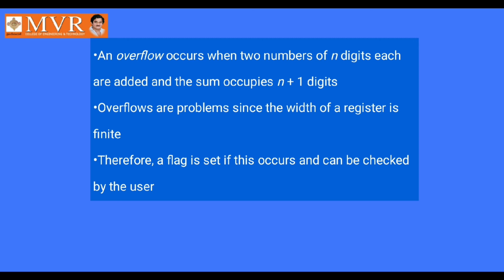So these overflows are problems since the width of the register is finite. Therefore, to overcome this, a flag is set. A flag means whenever such an overflow appears in the calculation, a flag is set to 1. So there is a special register in your computer called the flag register.